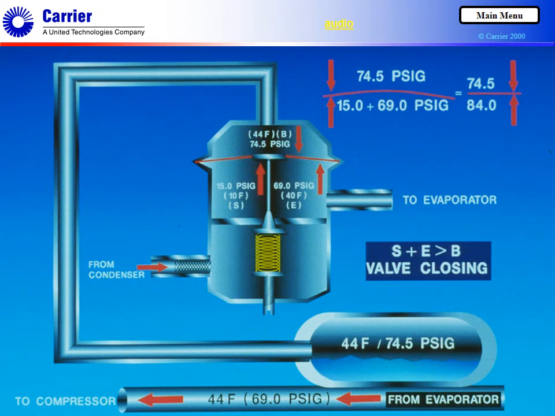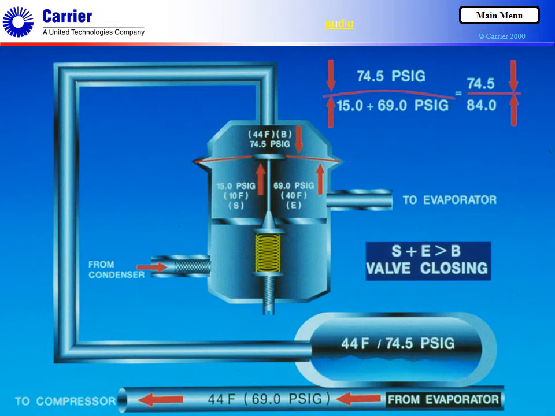As cooling load decreases, but the same needle position is maintained, the refrigerant entering the evaporator will be superheated less. If the superheat drops to 4 degrees, the actual superheated gas temperature in the suction line at the sensing bulb will be 44 degrees Fahrenheit.